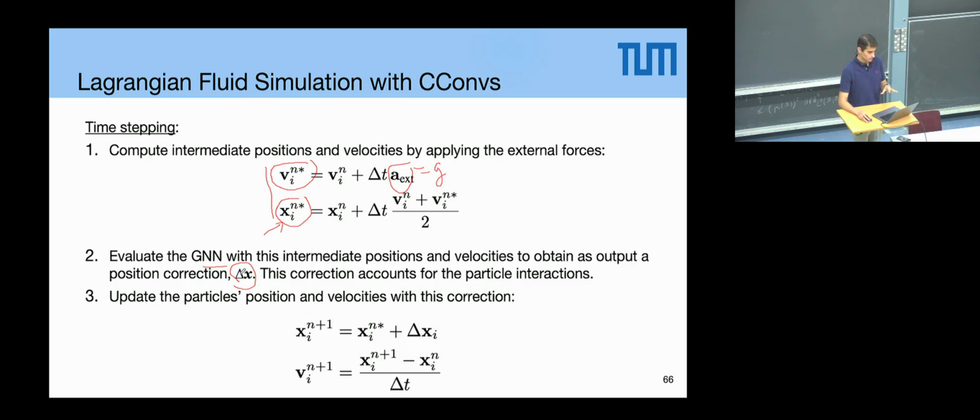So after we evaluate the network and we obtain that correction, we just have to add it to that intermediate location to get now the correct location for the nodes, accounting for the external forces and also the interaction between the nodes. And we can also correct the velocity based on the value that we got for the location of the nodes.